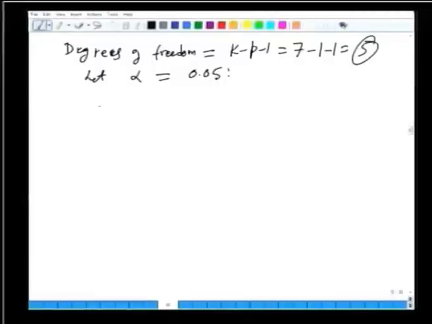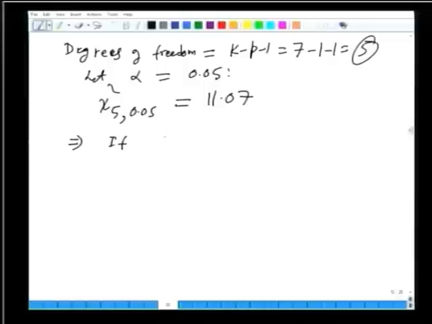Okay. So if we go to those tables, what we will find is that your chi square for 5, 0.05 will be equal to 11.07. Please verify that. All right. So is the test pass or fail, or is the fit good or bad? What was the condition?